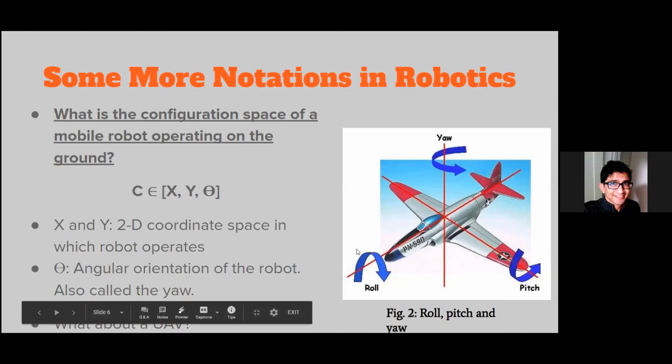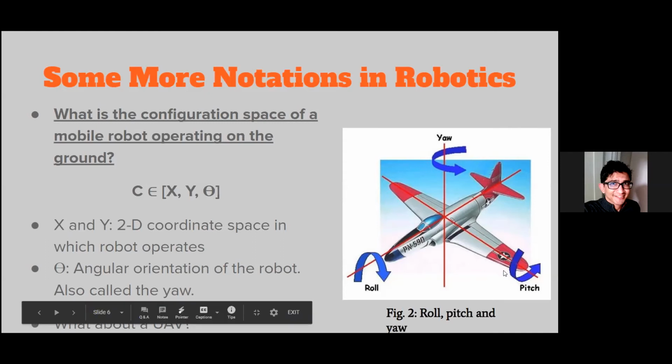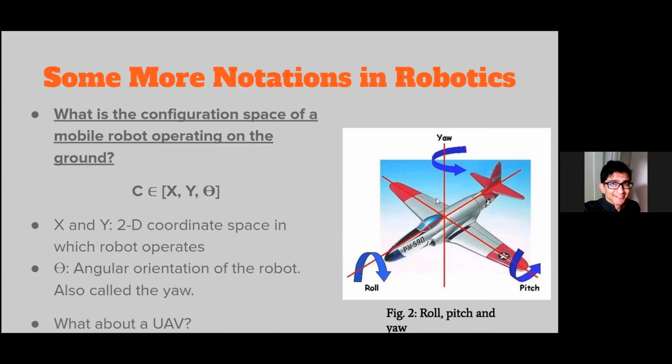You can control your roll, which can make your plane do a barrel roll. You can control your yaw, which turns the fin sideways so you can make your plane turn left or right. Or you can make your plane pitch, so you can bring the nose up or bring the nose down. In addition to these 3 dimensions, you also have your X, Y, and Z. So your UAV has a 6-dimensional C space.